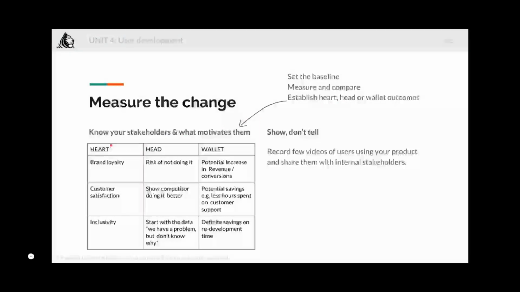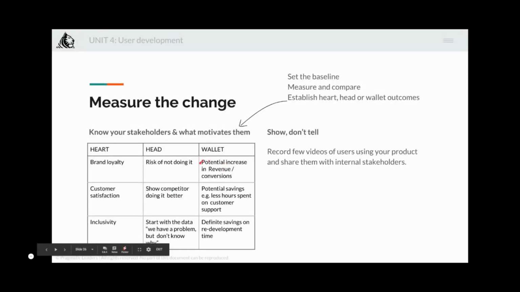Is it impacting the heart? Things that are decided largely by heart, things that are decided largely by head or by wallet. So, for example, brand loyalty, right? Brand loyalty is largely a heart thing, not a head thing, right? It's an irrational notion. Brand loyalty, what does it even mean? Correct? Customer satisfaction or inclusivity, right?